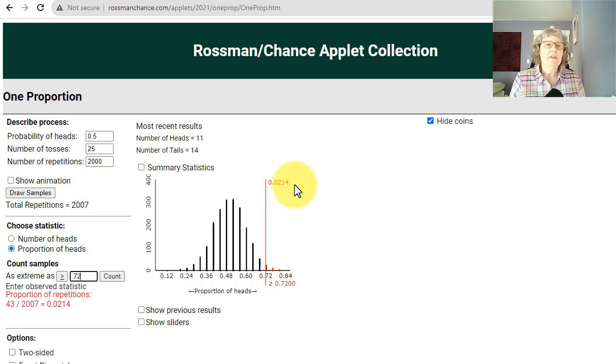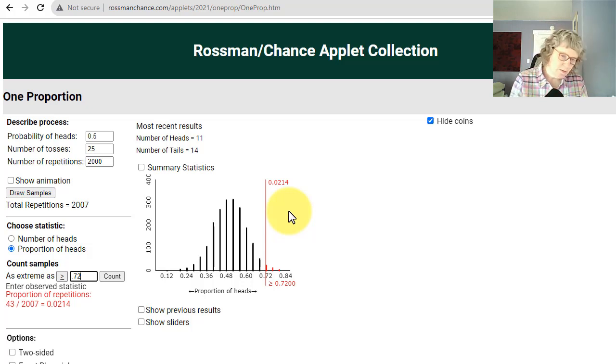And remember, we're talking about how that's really small. So under the null hypothesis, where this is just a 50-50 guess, how likely is it to get 72% to match it one way? It's very unlikely that this would happen just due to chance. So we say this is evidence for our claim or alternate hypothesis.